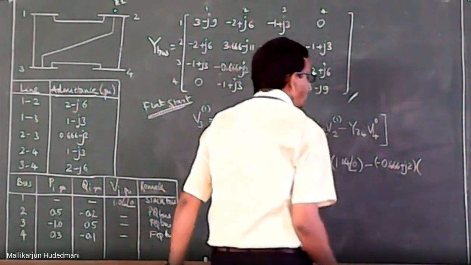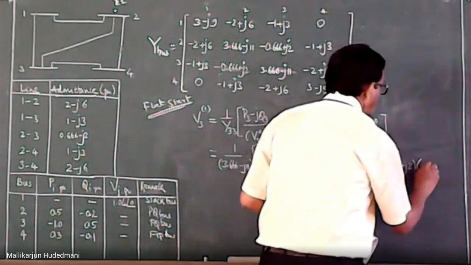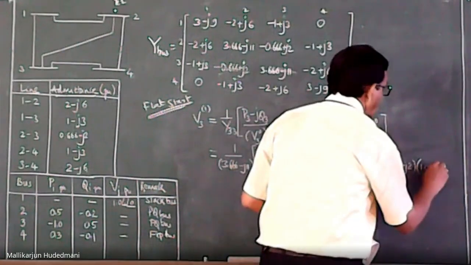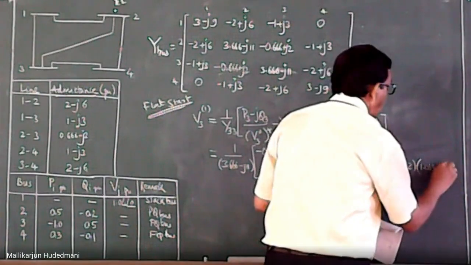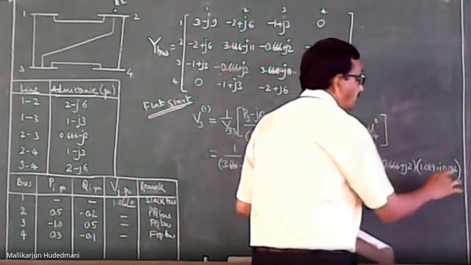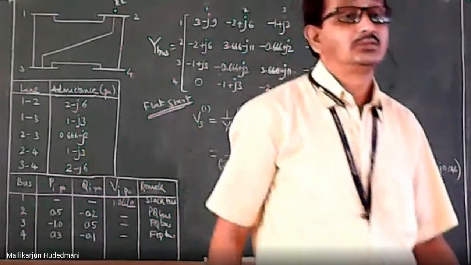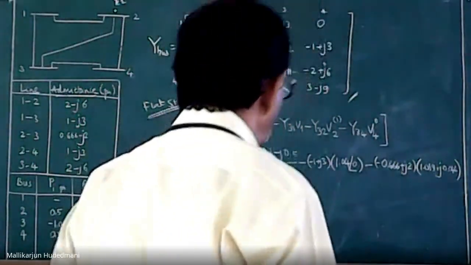into what is the value we got? The previous value we got: 1.019 plus j0.046. I have to check whether it is visible on your screen. Yes, it is visible. Okay.